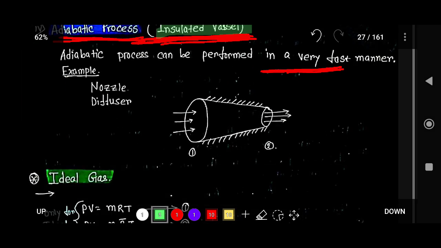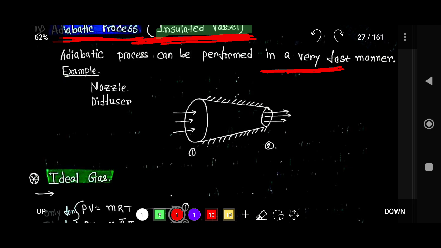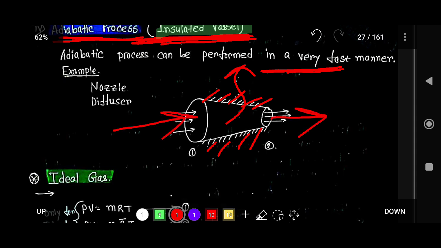Here this is our system, a nozzle, and the outside of this nozzle is insulated. Insulated means there is no heat transfer from the system to the surroundings. This is the inlet, 1, and this is the outlet, 2.